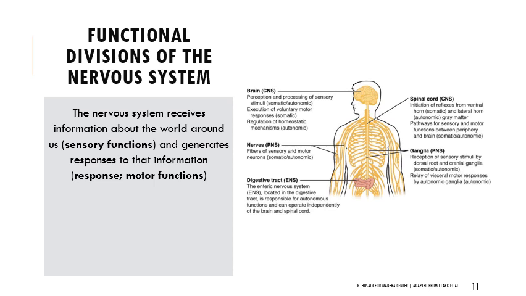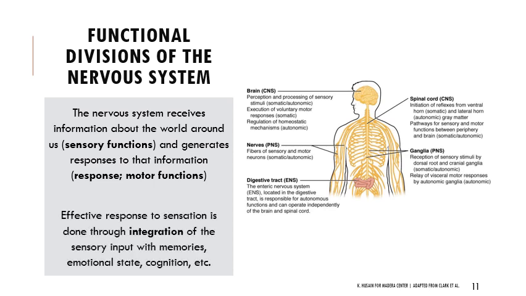It might just end at processing that signal into something understandable and meaningful, or it might end in a motor function, maybe voluntary or involuntary. And when we have all that information coming through, we integrate it with memories, with our emotional state, with higher level cognition, into a more meaningful pattern that we can then choose to react to, or maybe we don't have any choice in the matter.